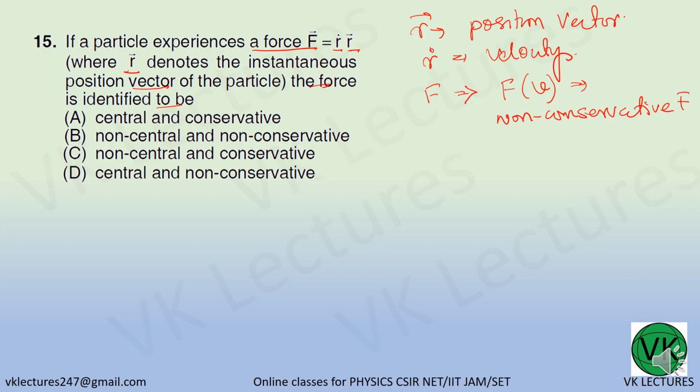A very good example is our viscous force or retarding force, where we can write F is equal to minus bv squared or minus bv, where the negative sign indicates the force is opposite to velocity.